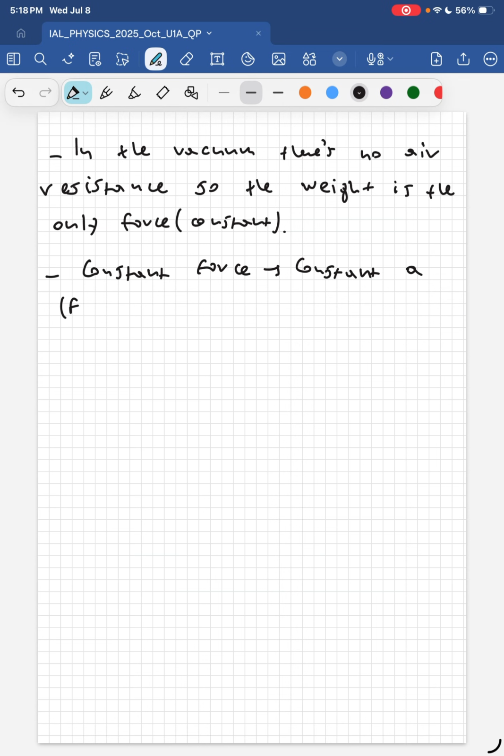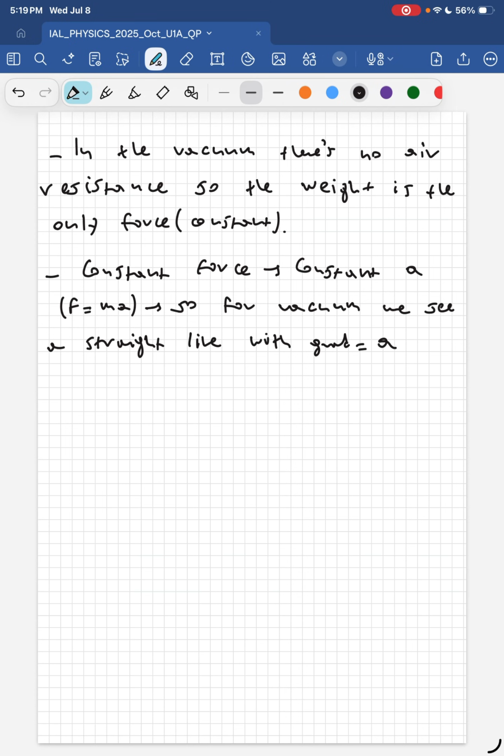Because of F equal to ma, okay. So for vacuum we see a straight line, okay, with gradient equal to a, equal to g probably, because this is a free fall, okay.